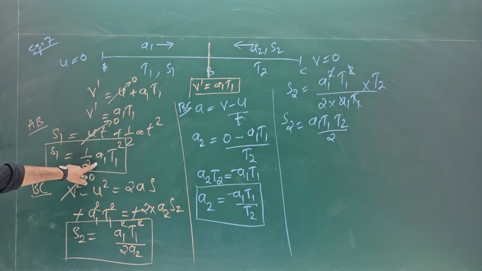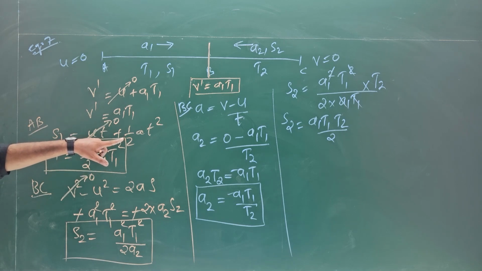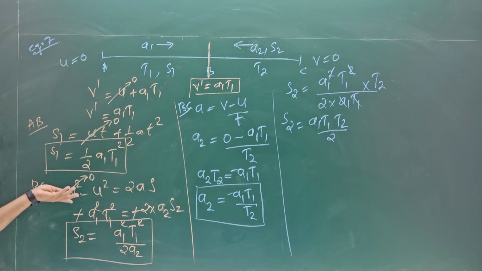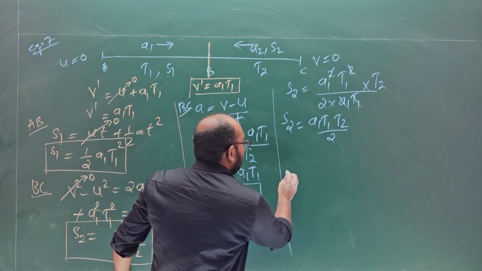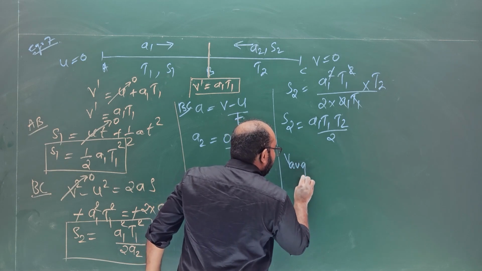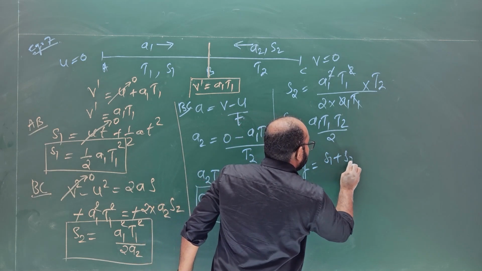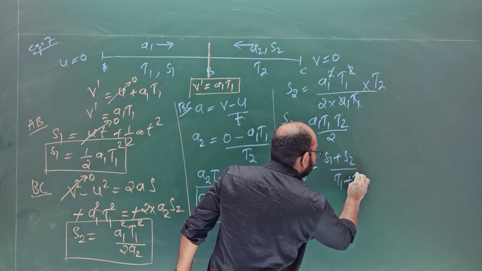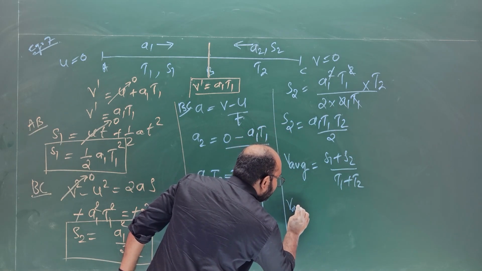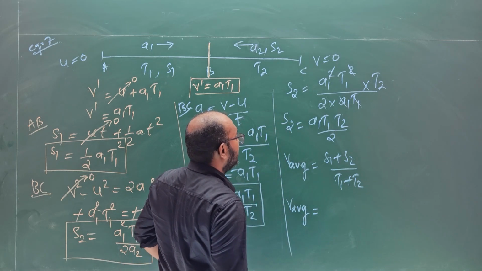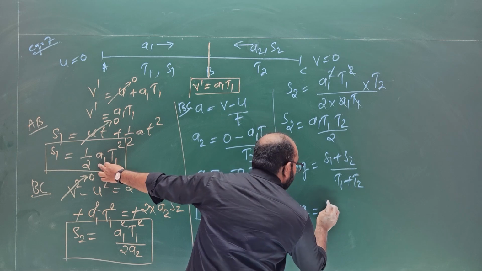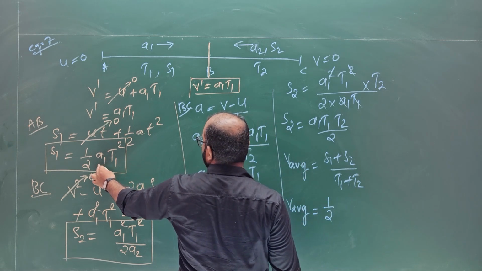Okay, and S1 is half A1 T1 square and S2 is half A1 T1 T2. Adding these two will provide you the distance now. So average speed is nothing but S1 plus S2 divided by T1 plus T2, or V average is nothing but S1. Can I take half as common?